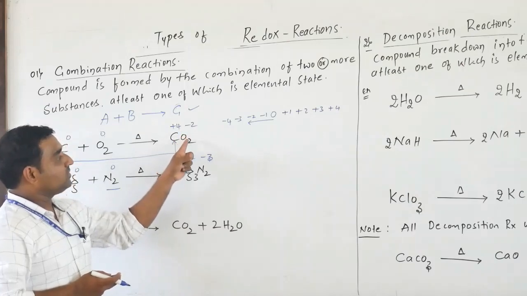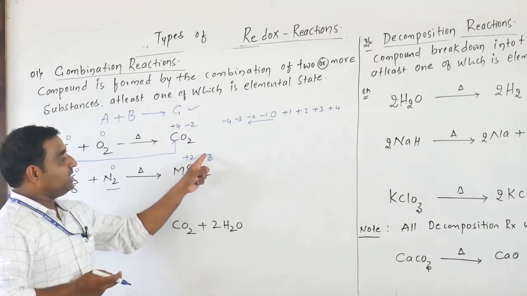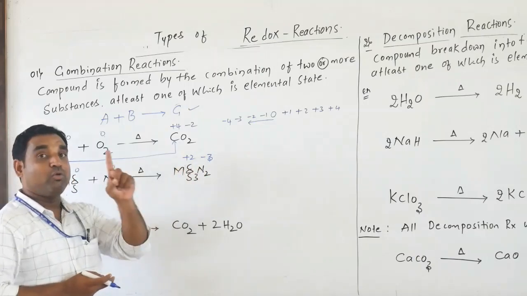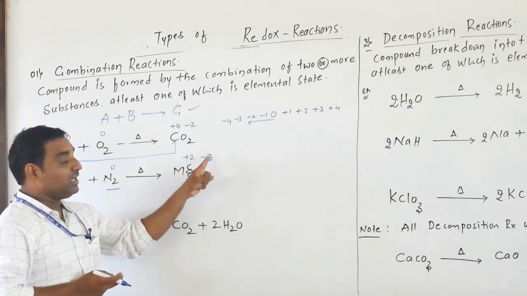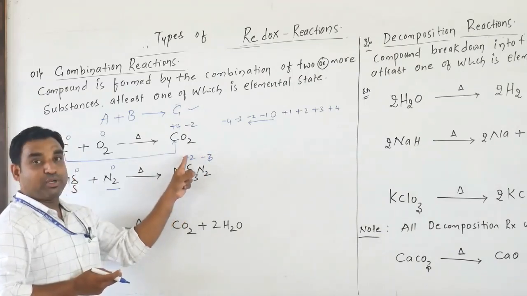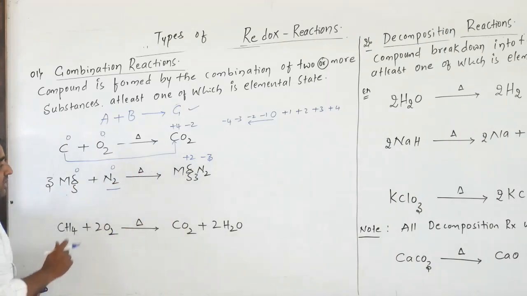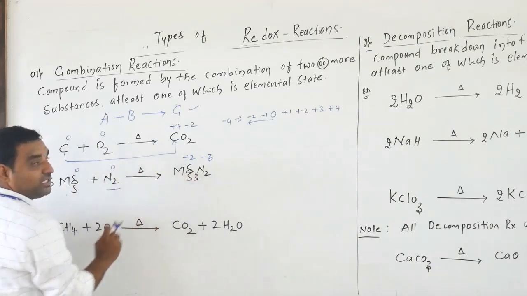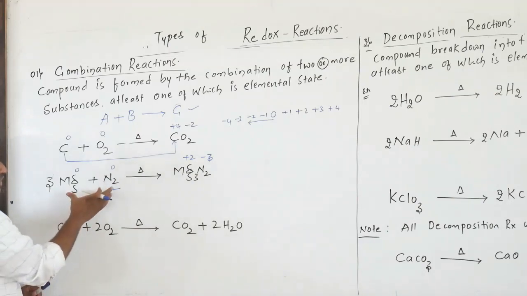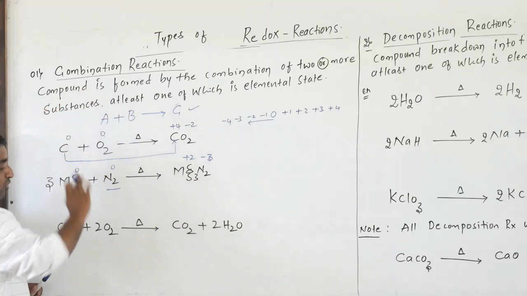From 0 to +2 is an increase, oxidation. From 0 to -3 is a decrease, reduction. So these two combine to form Mg3N2, hence this is a combination reaction.